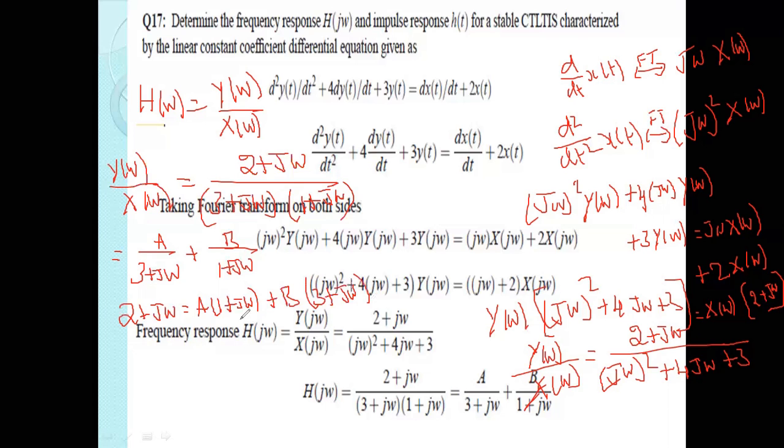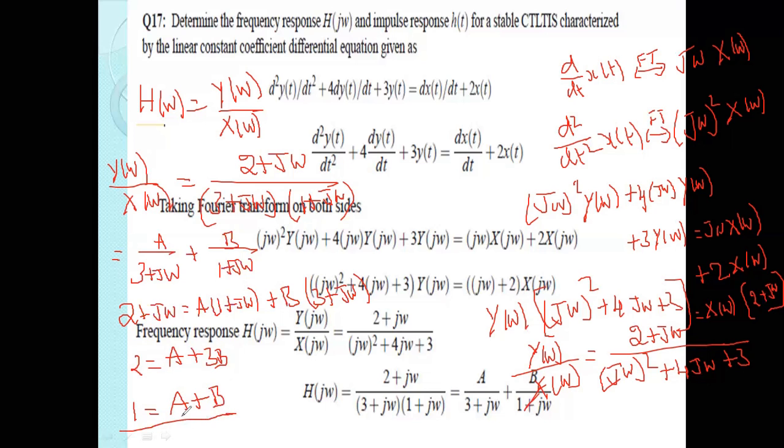So directly we can substitute j omega is equal to minus 1, j omega is equal to minus 3, or otherwise compare the constants and the coefficients: 2 is equal to a plus 3b. And j omega coefficients you can compare: 1 is equal to a plus b. Okay, my dear students.